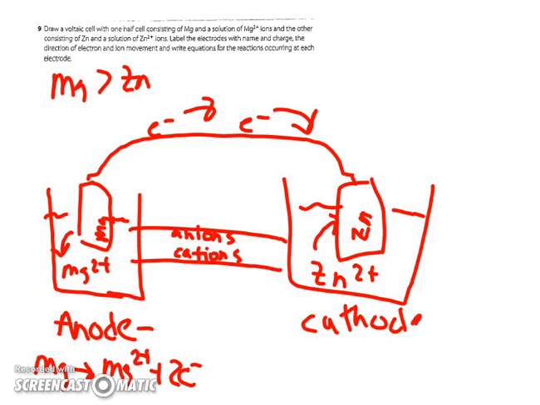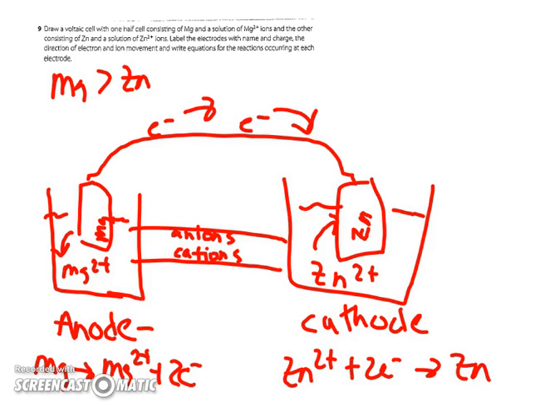And as they're attracted to the cathode, the zinc ions gain those 2 electrons and become zinc metal. So we see the zinc ions moving toward the cathode, whereas the magnesium ions are moving away from the anode. The electrons are moving from magnesium to zinc, or to the right the way I have it shown. So then finally, which way do our anions and cations move?